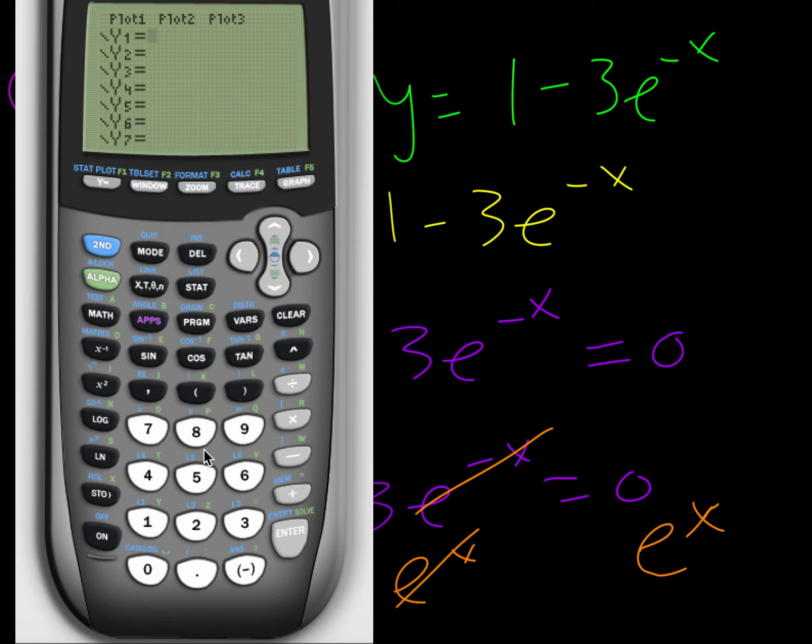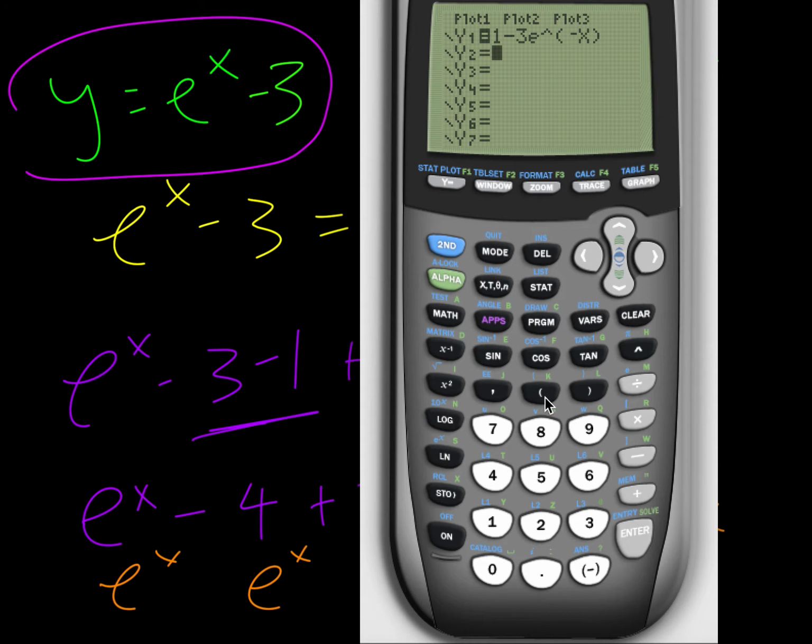So we have 1 minus 3 e to the negative x, and then we have e to the x minus 3, and we graph.